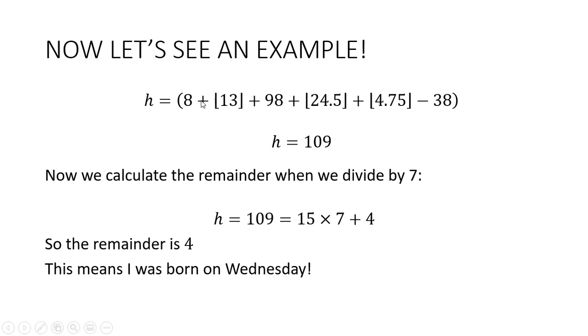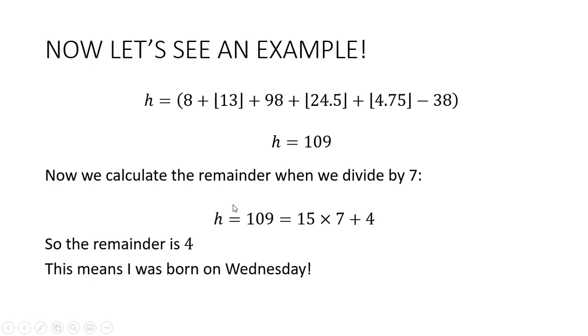So if I calculate this, that will be 8 plus 13 plus 98 plus 24 plus 4 minus 38, and that is 109. So I have to calculate the remainder of this number when I divide it by 7.